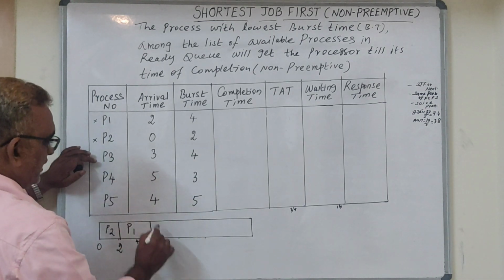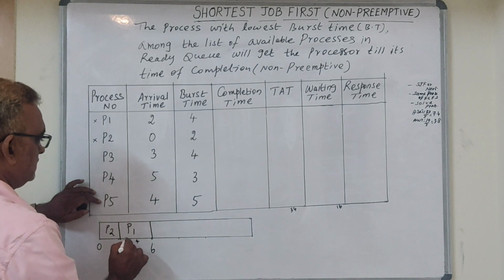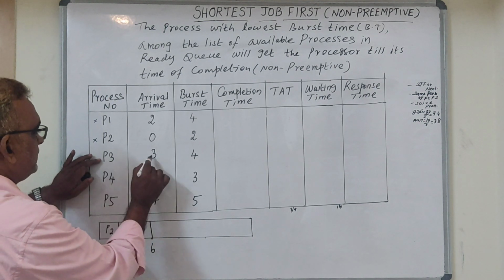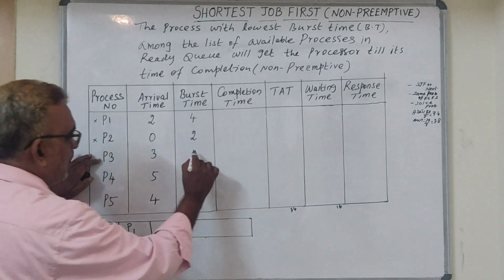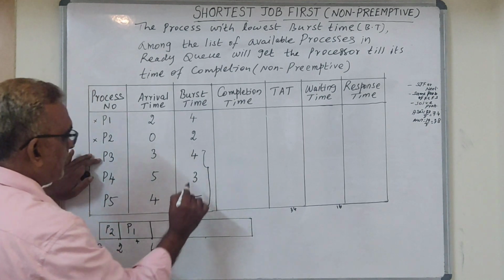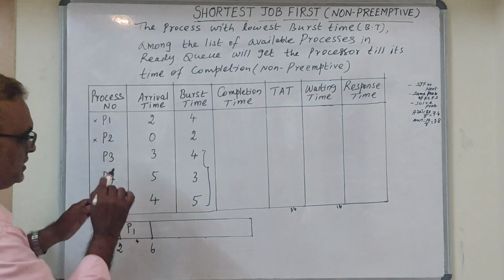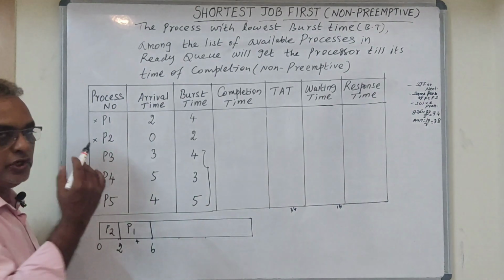During the period 2 to 6, all the other processes have arrived. P5 arrived at 4 milliseconds, P4 arrived at the 5th millisecond, and P3 arrived earlier than that, at 3 milliseconds. Among these 3, the operating system compares only the burst time, and the one with the minimum burst time is scheduled first.